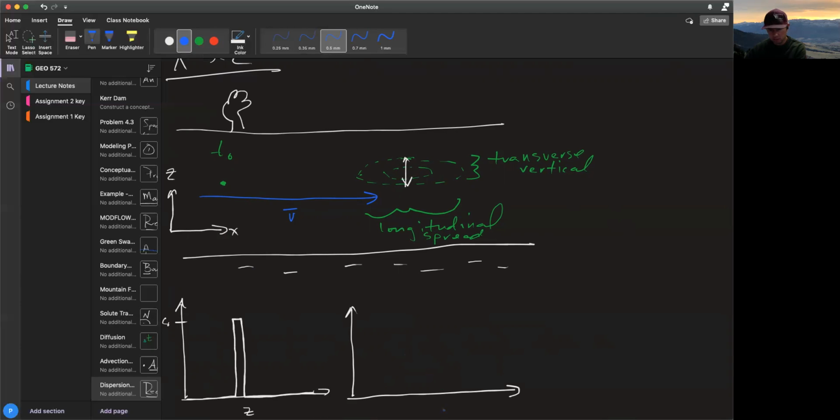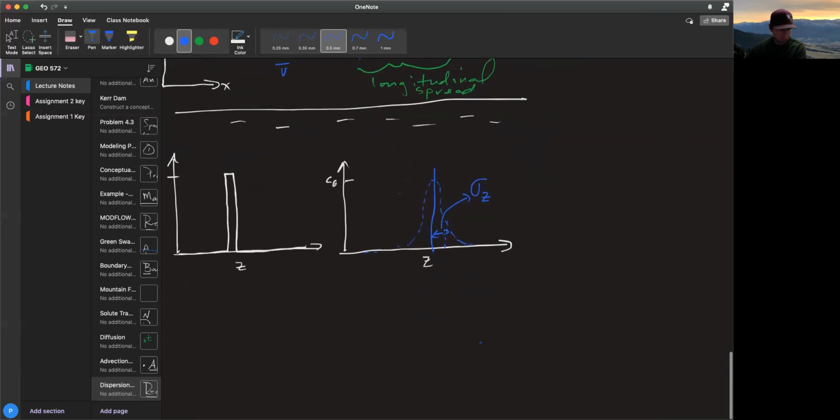So we might see something like this: z, here's C naught. And here we'd have sigma z, the standard deviation for the concentration profile in the z direction.